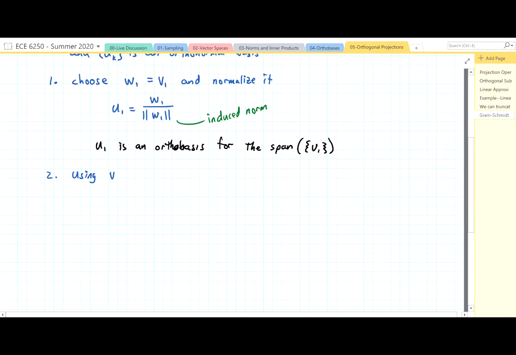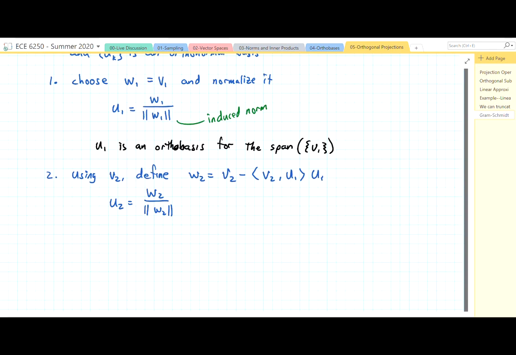Using V2, we will define W2 is equal to V2 minus the projection of V2 onto U1, and then U2 is equal to W2 over the norm of W2, but we still haven't found what we're looking for.